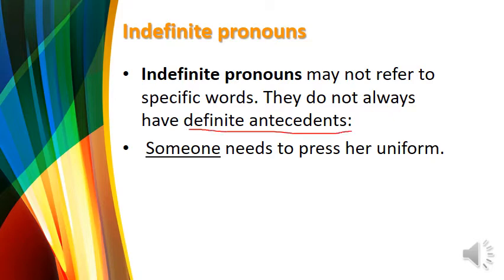They do not refer to a noun or nouns in a sentence. For example, someone needed to press her uniform. Here someone doesn't really refer to a specific person, but it's indefinite, not specified.